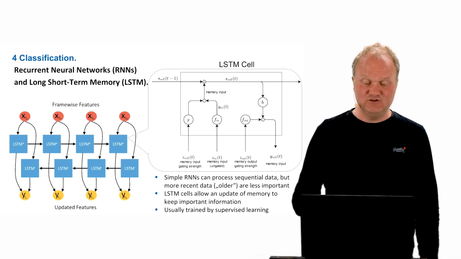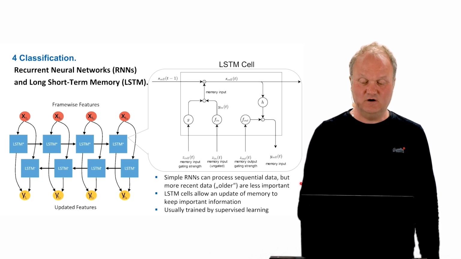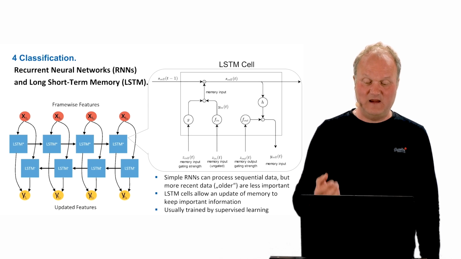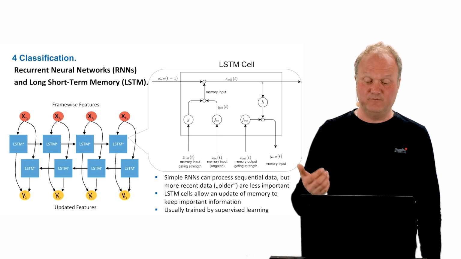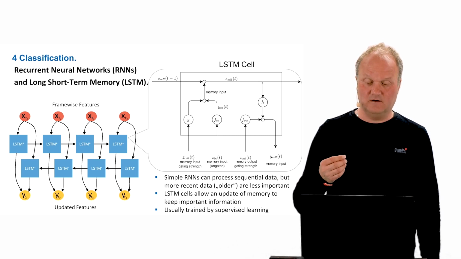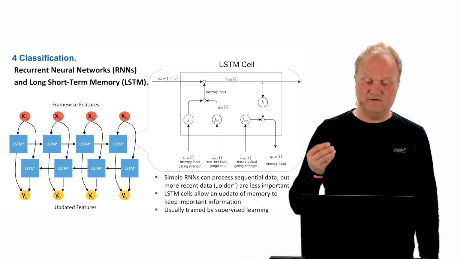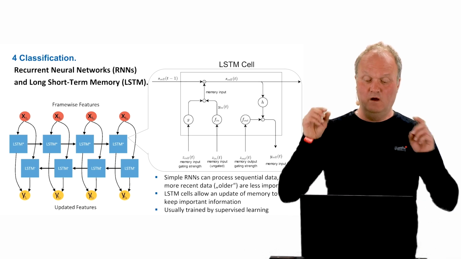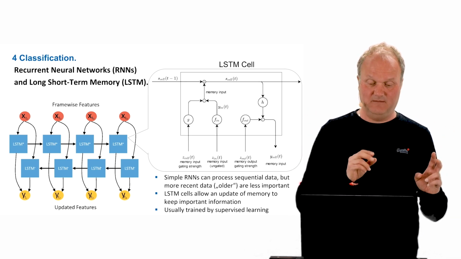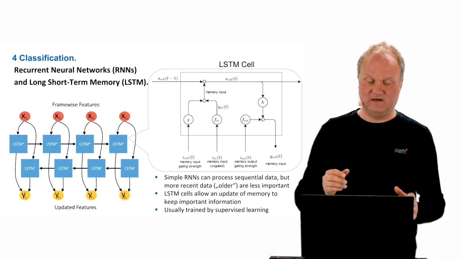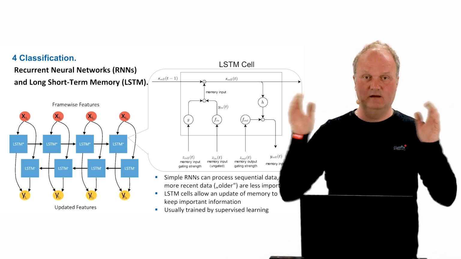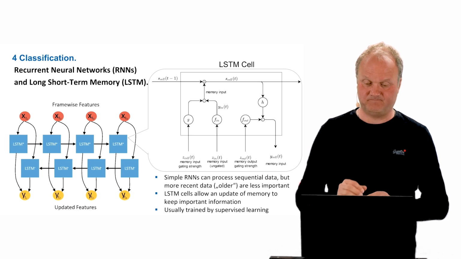So you have basically a forward direction and a backward direction of the network, which makes it a bidirectional LSTM network. At each time step, the LSTM network receives as input the frame-wise features of the current time step and the LSTM output of the previous time step. And consequently, at the end of the sequence, the network saw all of the individual time steps. That is, it can take into account all the different instances of time, and by this, the temporal development of the speech signal.